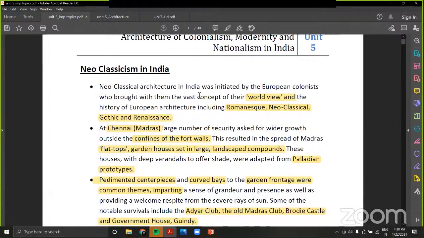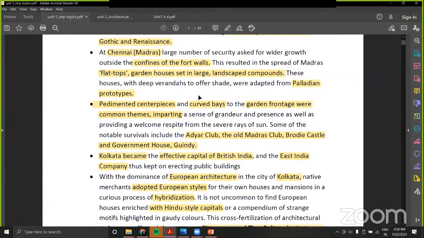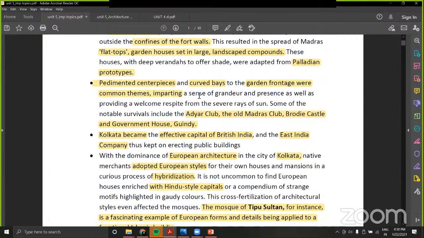And also verandas to offer shade, pediment centerpieces, and curved bases to the garden frontage were common themes, imparting a sense of grandeur as well as providing welcome respite from the sun's rays. Some of the notable survivals include Adyar Club, Old Madras Club, Brodie Castle, and the Government House Kindi.